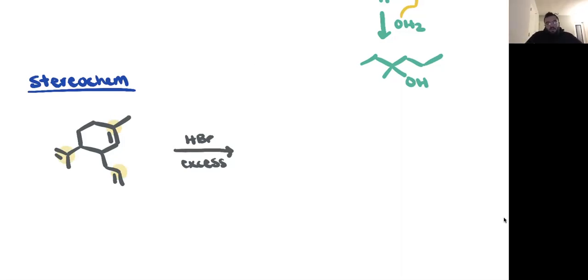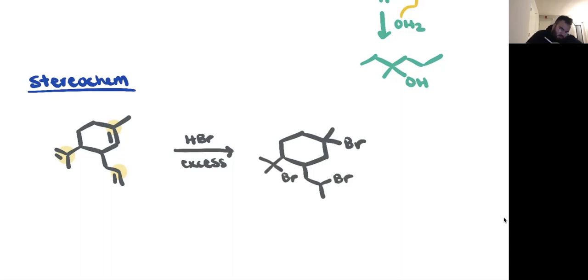Again, entirely based off of carbocation stability. And we end up getting a product that looks like this. So hopefully that's a product that you agree with. Cool. If not, make sure you guys are checking your carbocation stability. All right, so that's the first part of the question.